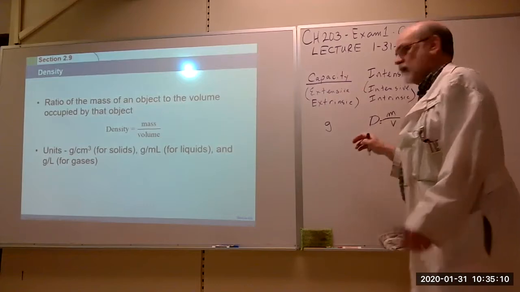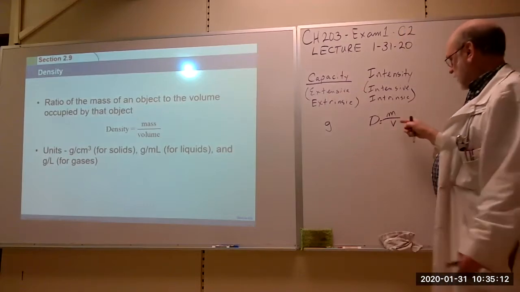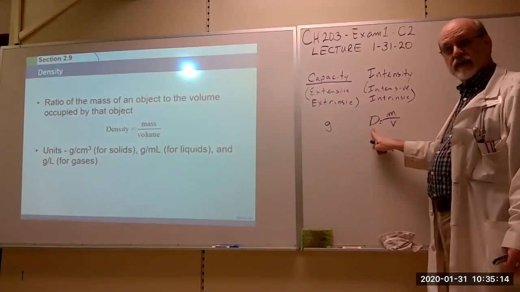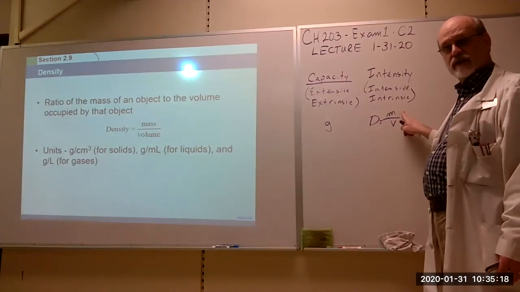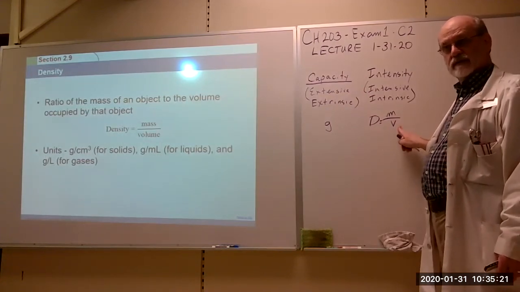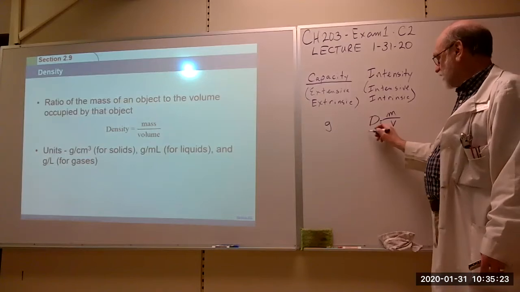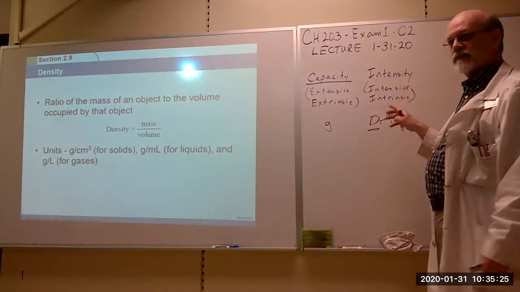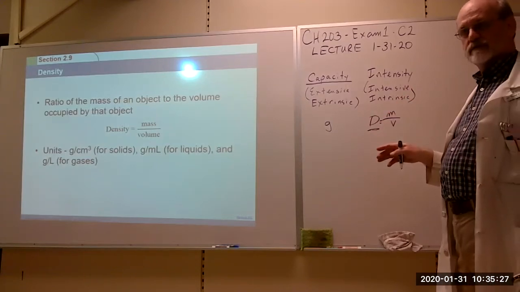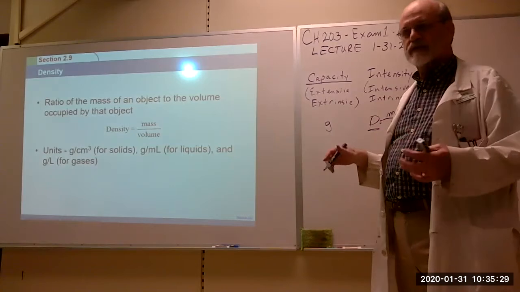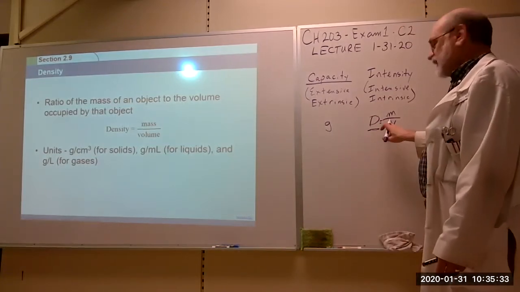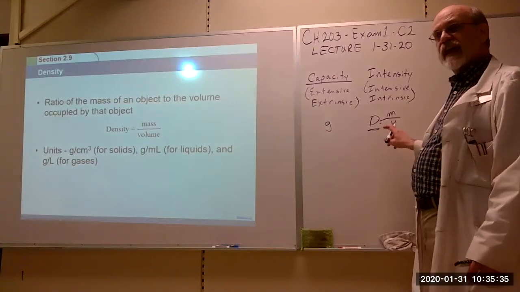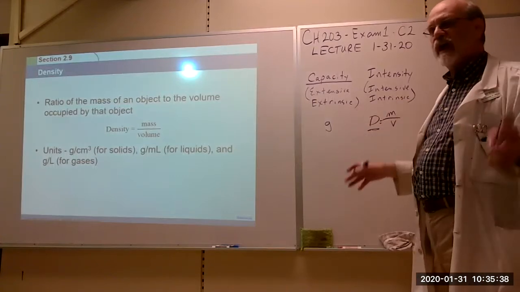Mass divided by volume. This says that the density is the same for that substance no matter how much you have, because as you increase the amount, you also increase the volume. So the density is constant for that substance at a given temperature. If it's a gas, then you have to take into consideration pressure. But the density won't change. It's the same no matter where you look or how much you have.